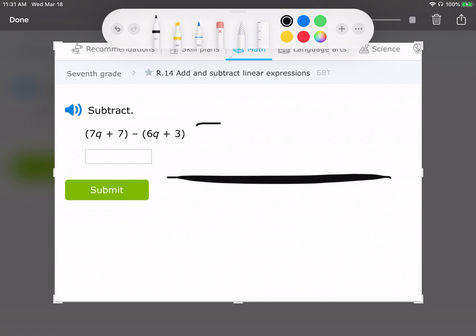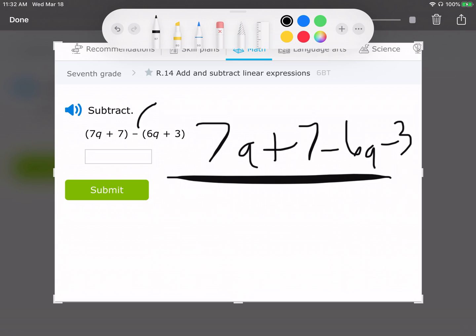One option, like we just said, 7q plus 7: there's nothing in front of that parenthesis, so I can drop it. The other one has a minus sign in front of it, so I can't just drop it. A minus sign or a negative can actually mean opposite. So all the signs change to 6q and then minus 3. Notice that the two signs change.